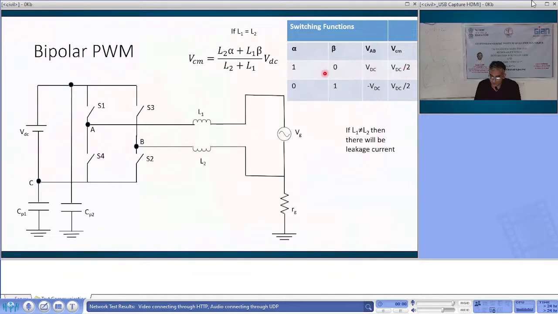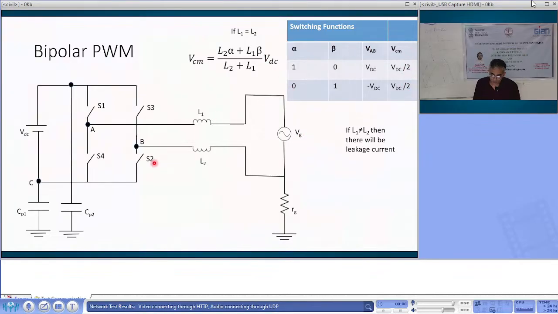If you substitute alpha 1 and beta 0, and L1 and L2 are the same, then VCM is VDC by 2 for this situation, and also VDC by 2 for the other situation. But if L1 and L2 are not the same, then there will be leakage current because these two will not be the same.